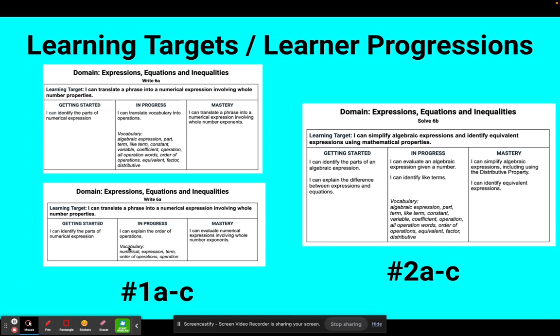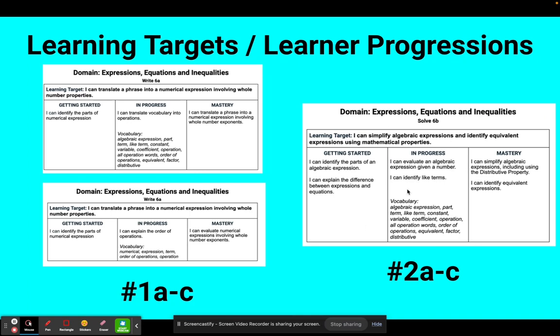This also talks about order of operations, right? Evaluating numerical expressions, which is a fancy way of saying order of operations. Translating phrases or words into numerical expressions. So this is all numerical expression stuff, which is basically numbers.